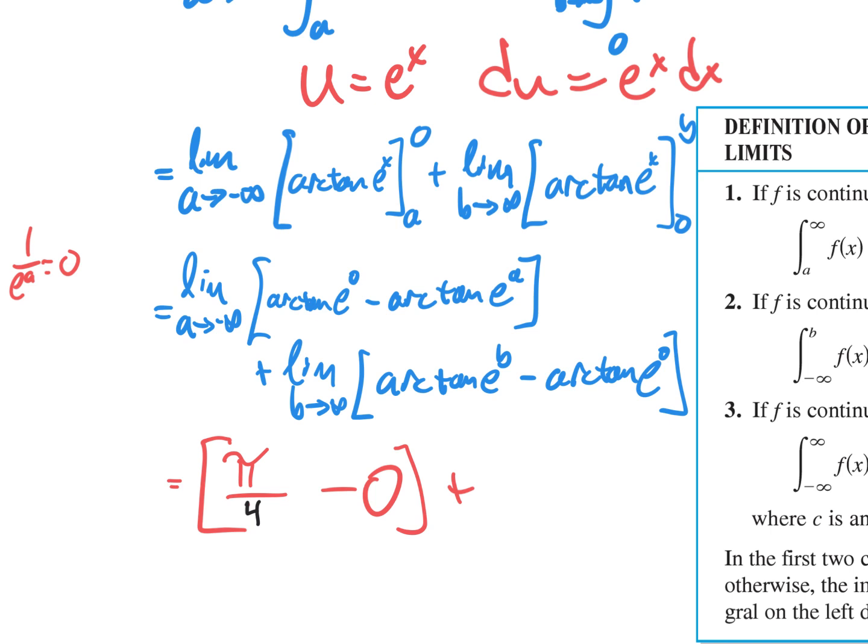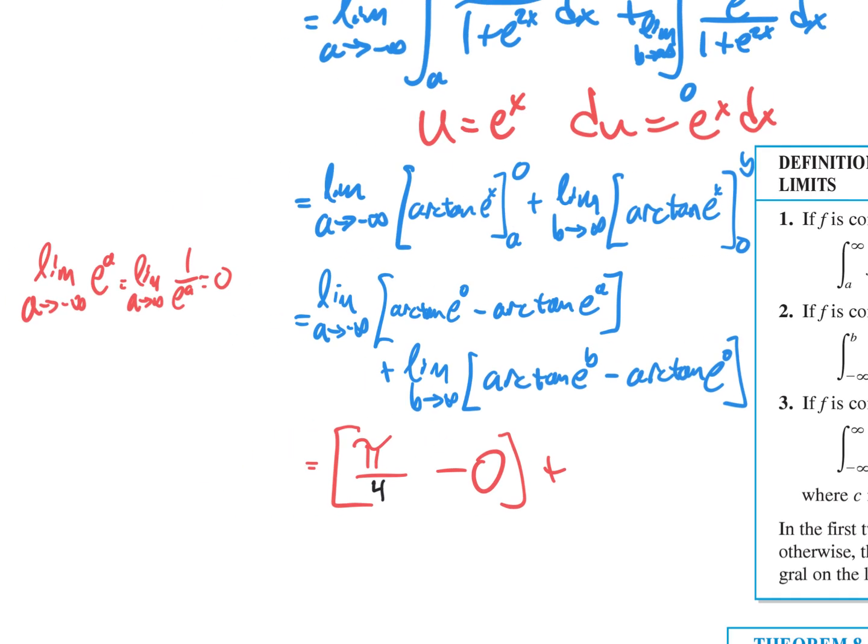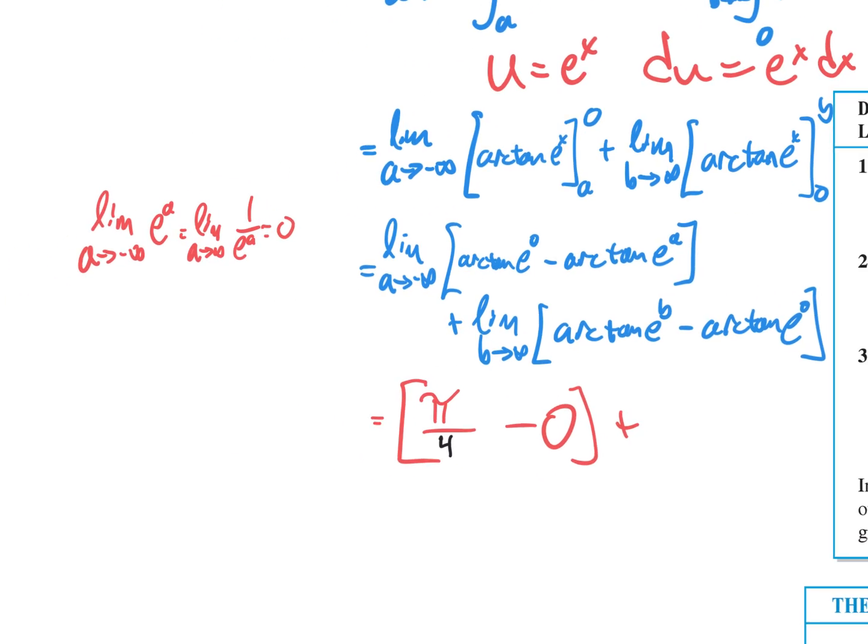In the same way here, as b goes to infinity, we have e to the b. E to the b is blowing up. It's going to infinity. So as we go to infinity, what is the limit of arctangent? Again, we can think about the graph of arctangent.